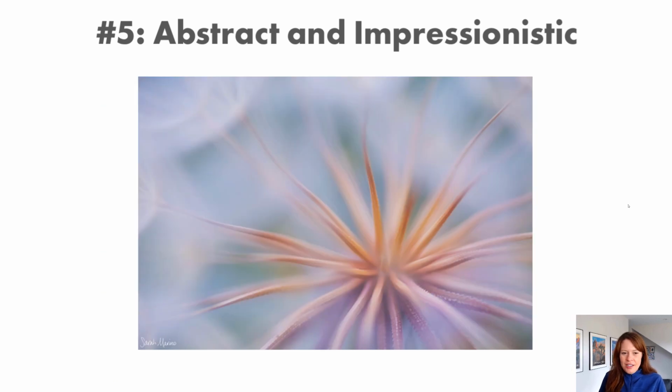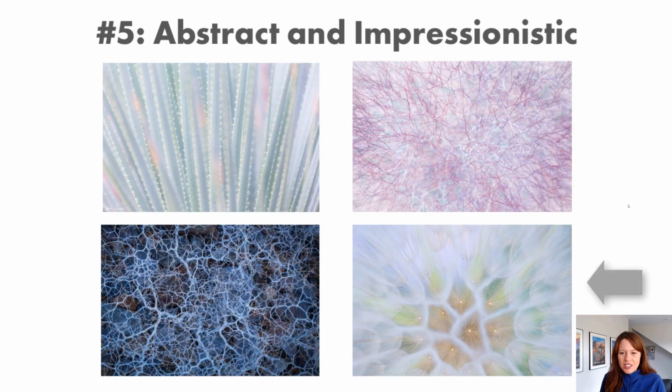So here, this is the salsify seed pod, and then the lower right is also a salsify seed pod. So you can see how different approaches to the same subject can create completely different results. And in both cases, you really don't have any idea what you're looking at. Or if you saw the seed pod, you'd say, how is that this photo?